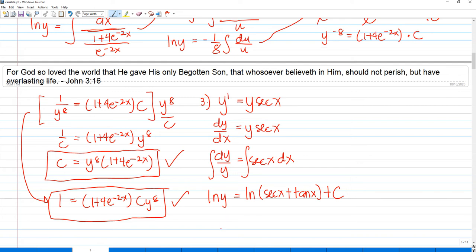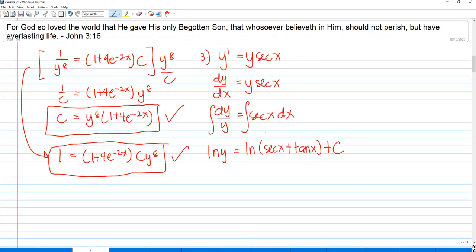And of course, if we raise both sides by e, so we have e raised to ln of y, e raised to ln of secant x plus tangent x, and this is plus c. So let me just rewrite again.